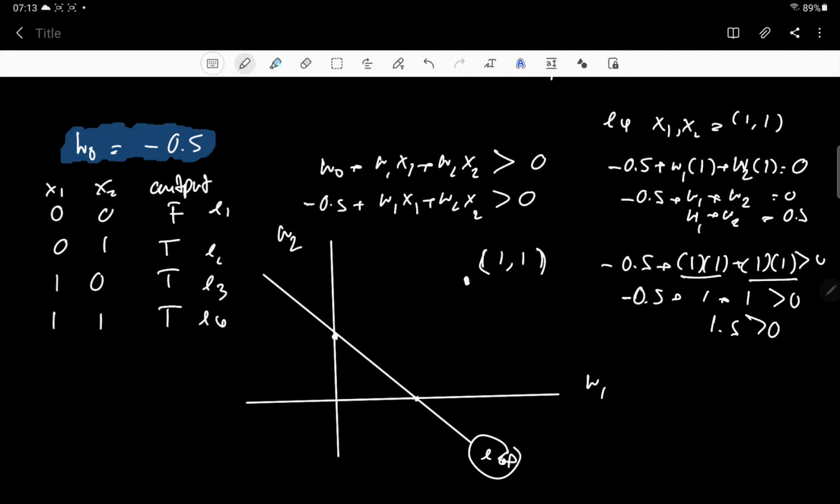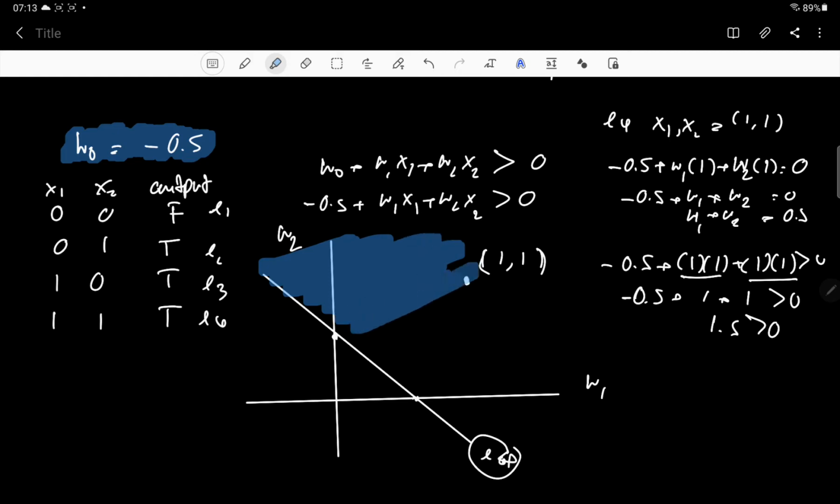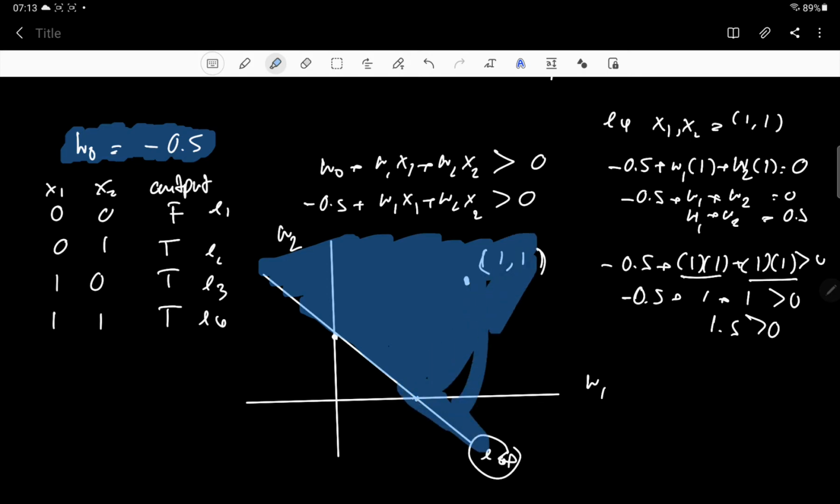So guys, all this in this area can be used to classify E4. So this one here, on this part, will be classified E4 as positive one.